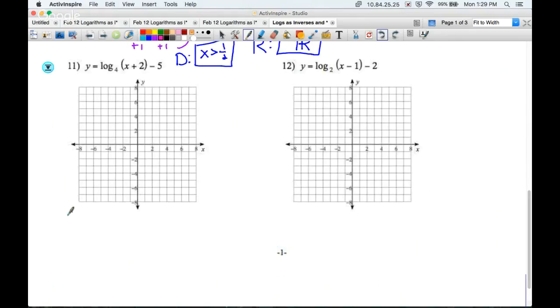Do that down here below the graph. X equals log base 4 of y plus 2, minus 5. Add 5 to both sides. X plus 5 equals log base 4 of y plus 2.